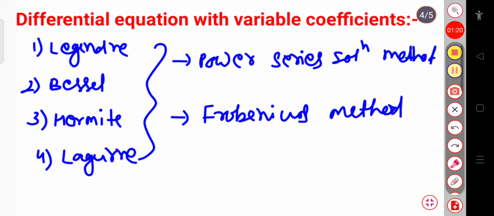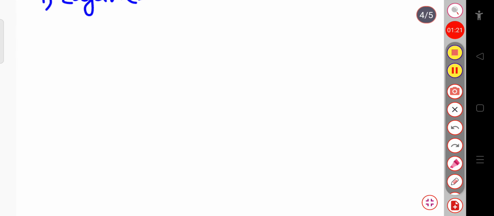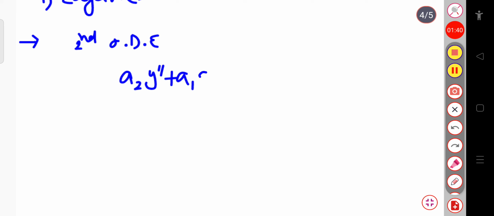Okay. So the standard form of the second order differential equation can be written as: a2 times y double prime, that is d square y by dx square, plus a1 times y prime, that is dy by dx, plus a0 y equal to 0.